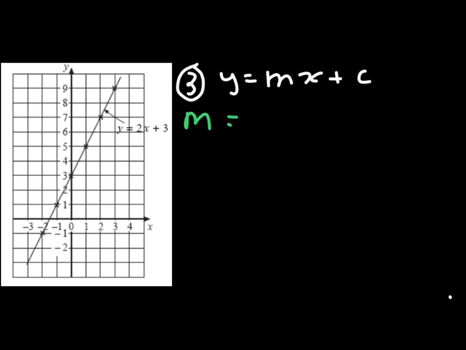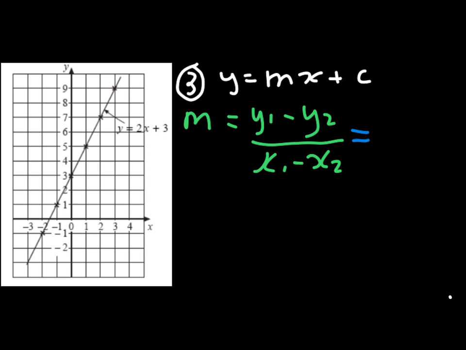And we know that this equals y1 minus y2 over x1 minus x2. And we now need to find 2 points which we can substitute into this formula. Once again, it does not matter which 2 points you choose.